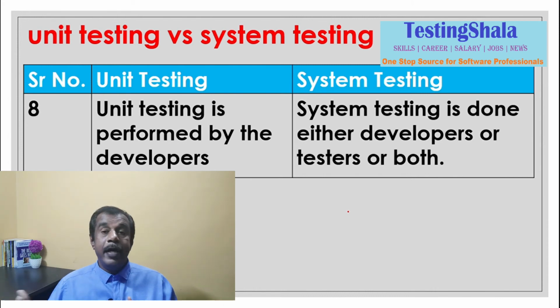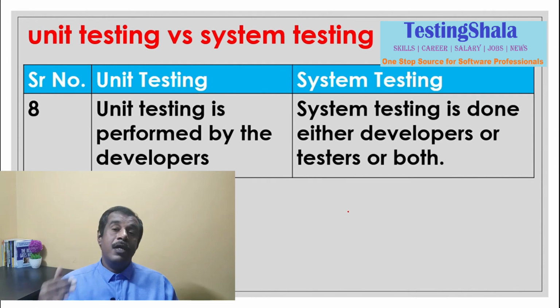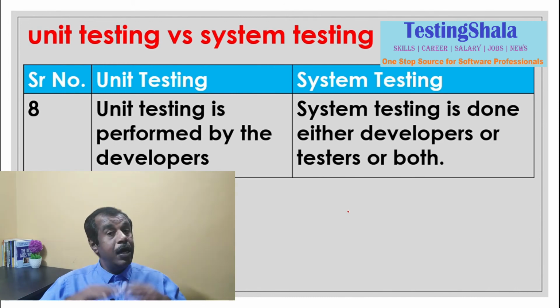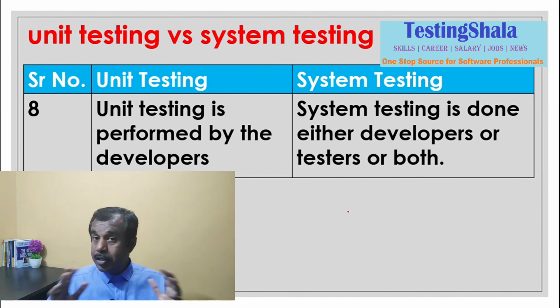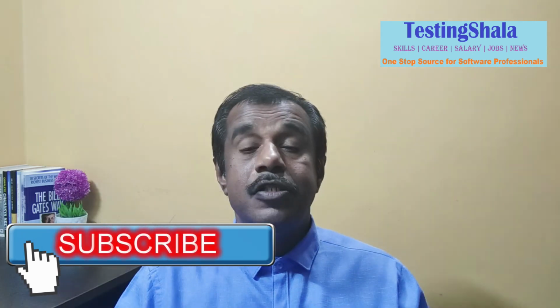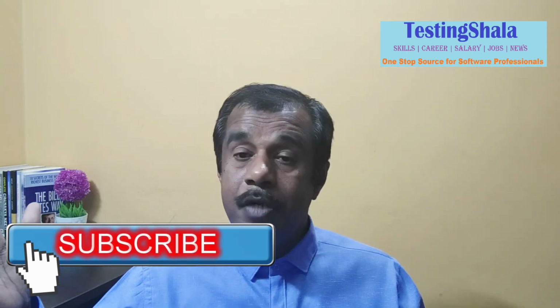On the other side, system testing can be done by software testers, or sometimes if software testers are not available, even a developer can write the system test cases and execute them as well. These are the eight major differences between unit testing and system testing.